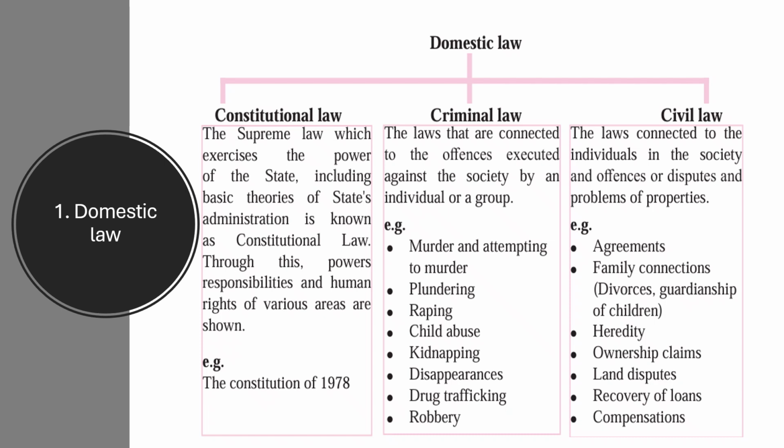The laws connected to the individuals in the society and offenses or disputes and problems or properties. Examples: agreements, family connections, ownership claims, land disputes, stuff like that. Just study 5 or 3 of each and remember the definition of each type of law and domestic law, the three law types I just said. Just study all of it.